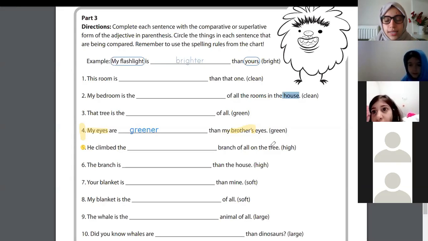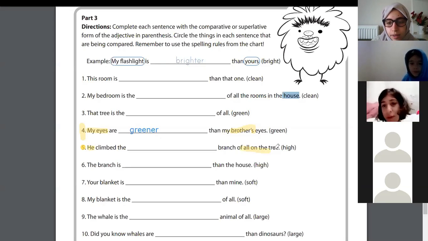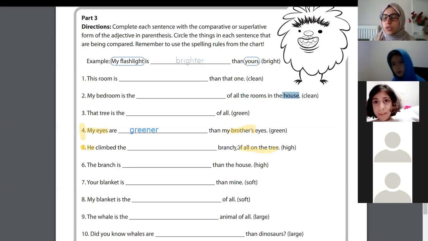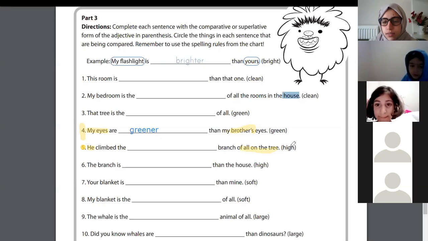So we're comparing here, Bashayr, between the climbing of one person and the climbing of all trees. So he's comparing between one tree and all the trees. So do I need to add ER or EST here?